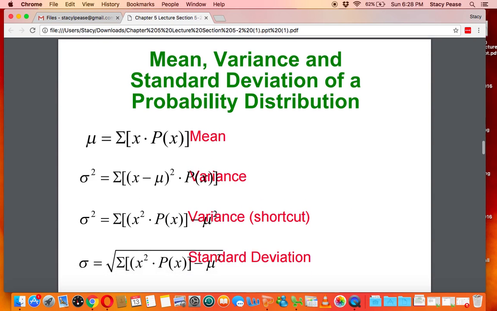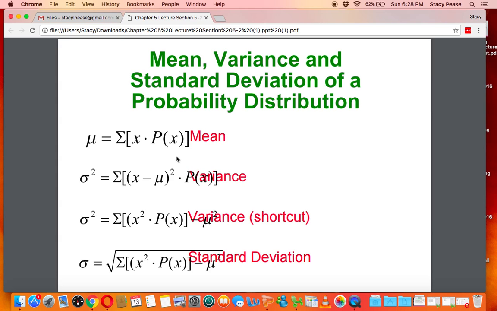Okay, so for this section, there are actually some specialized equations for how you would calculate a mean, a variance, and a standard deviation using a probability distribution, which is again a type of table. So here your mean is defined as this symbol, which is mu, and that is going to be equal to the sum of each x times the probability of that given x.